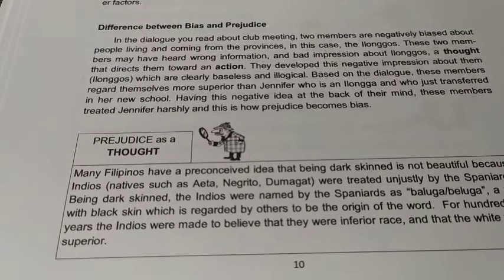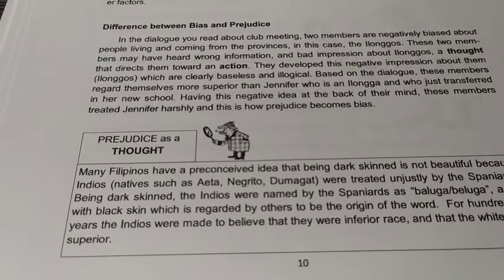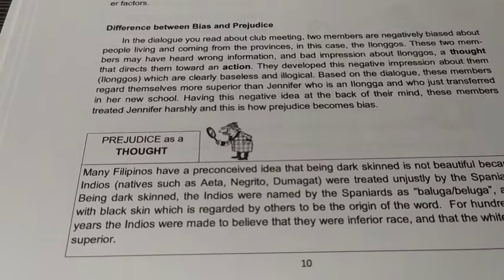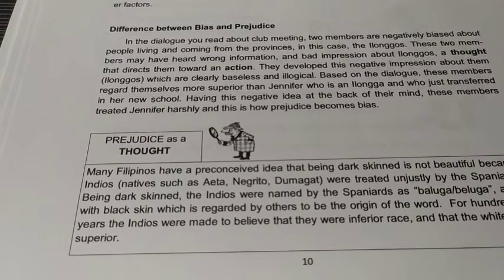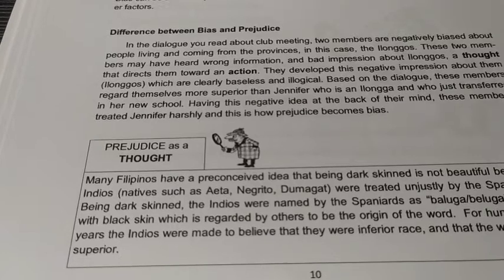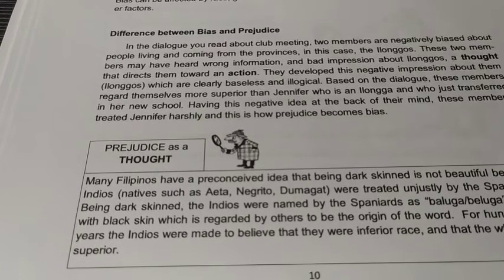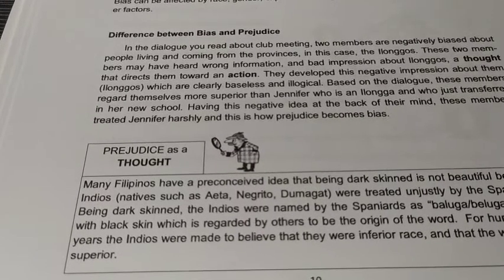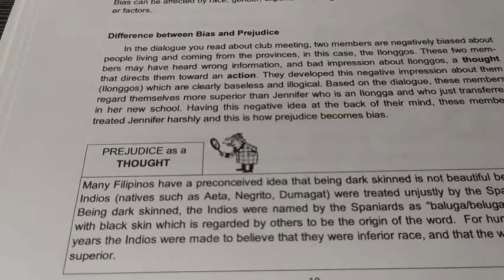So we should not have prejudice, or we will not generalize that all of the people who have dark skin will be ugly or will be baluga. So it always depends on people, on how we see other people.